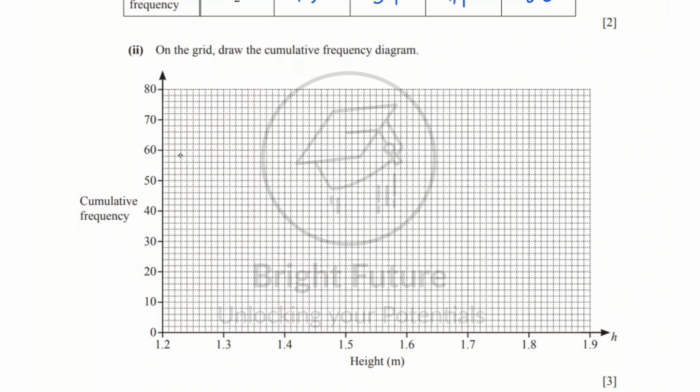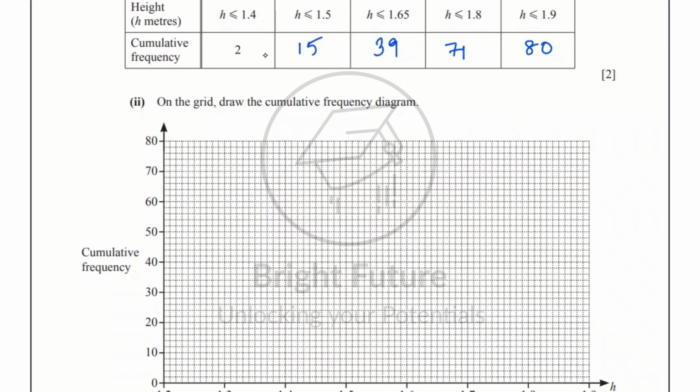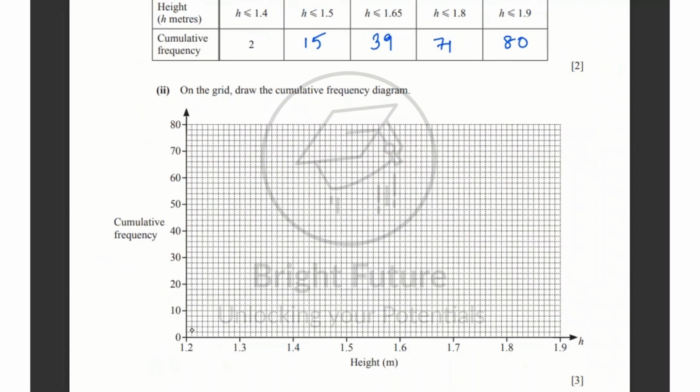Okay, now cumulative frequency and the heights. I've taken the midpoints, so we'll be using those. We have to draw the cumulative frequency diagram. So 1.4, 1.5, 1.65, we'll plot it on these points. The first one is at 1.4, 2 is over here.